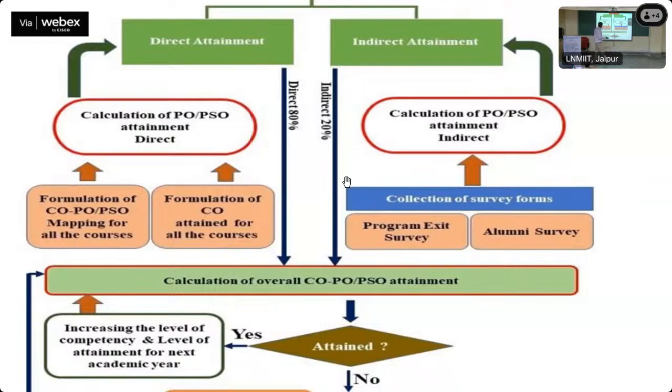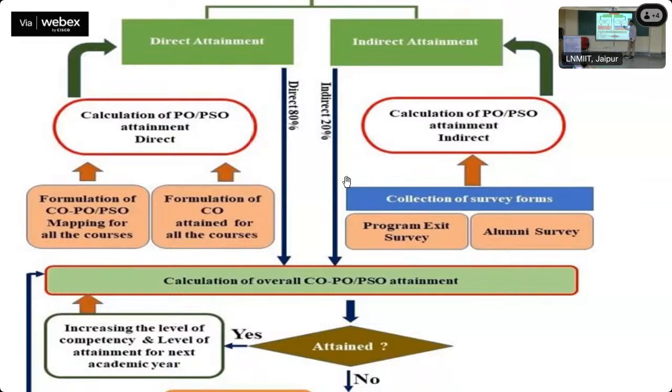After that there are two ways, one is called direct attainment, the other indirect attainment. By default the weightage is 80% for direct and 20% for indirect. Direct attainment comes from all the courses of the curriculum, you have to cover the whole curriculum.